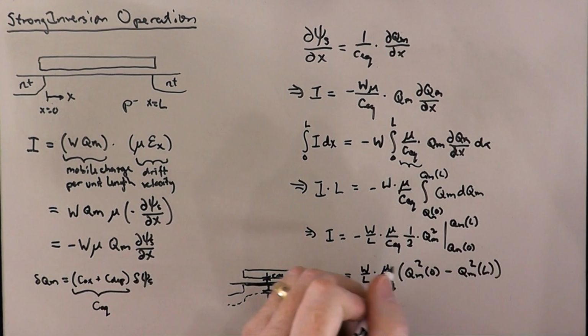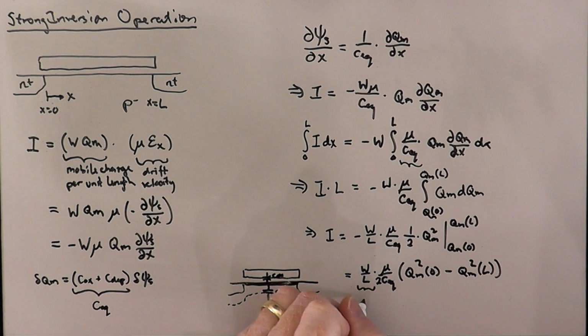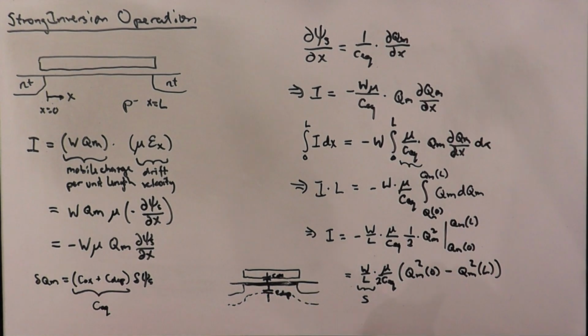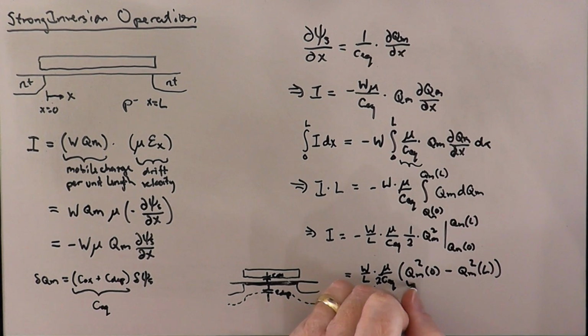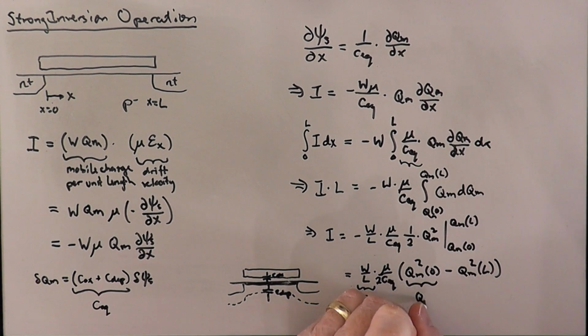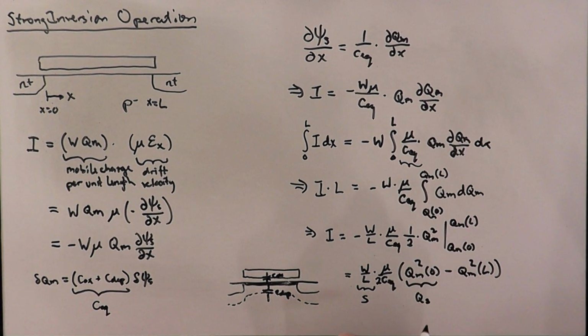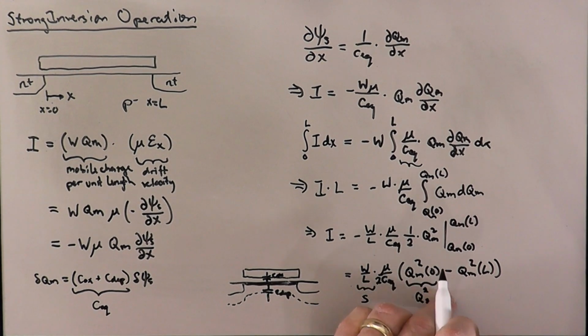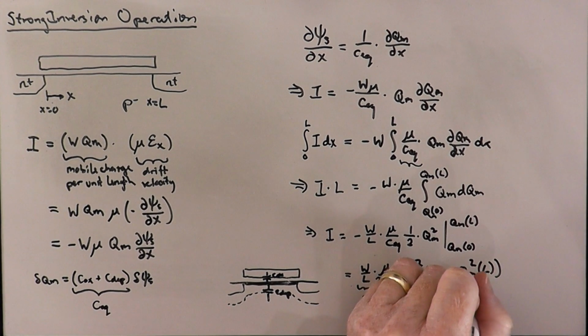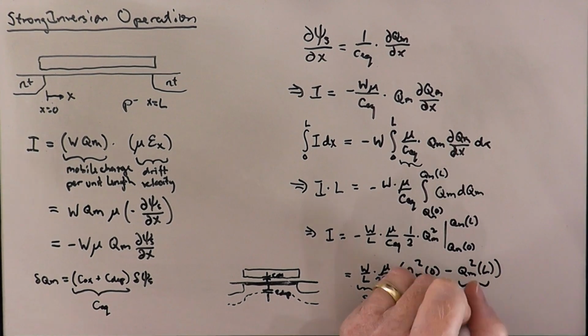Now, this W over L we're going to define as the strength ratio, S, and Qm at 0, we typically call this Q source, which is the charge density at the source end of the channel, and we typically will call Qm at L Q sub D.